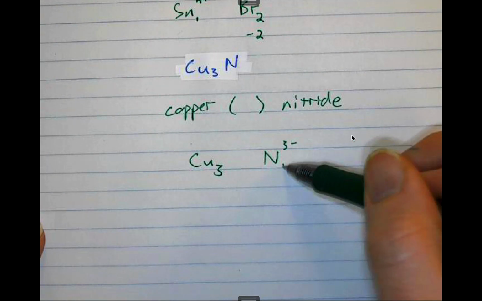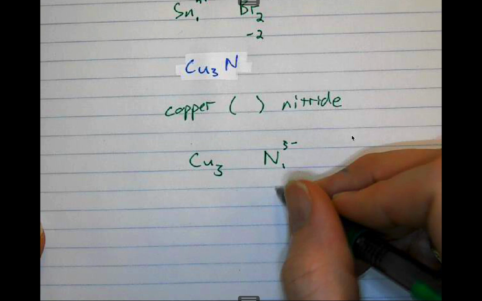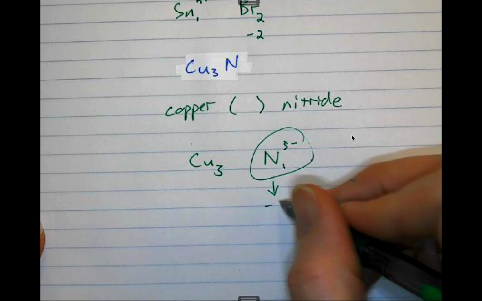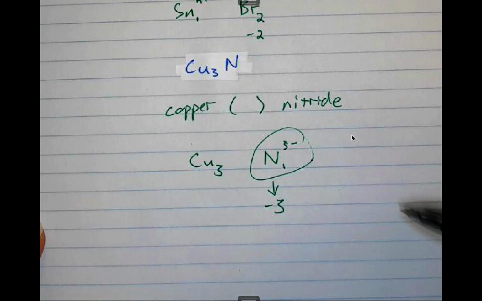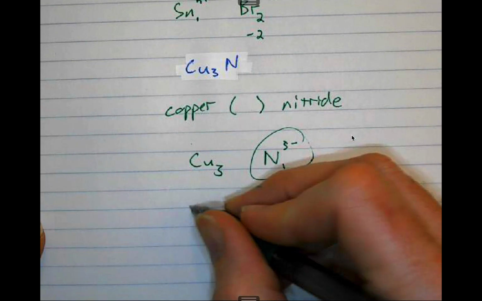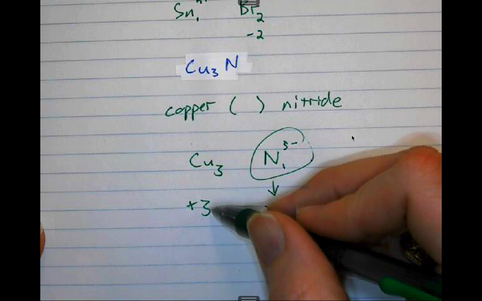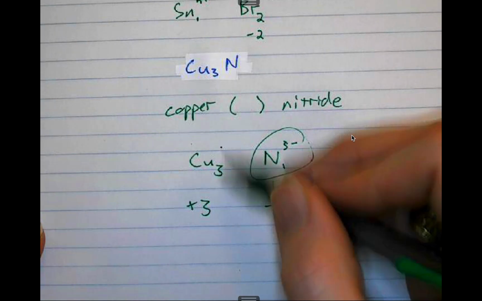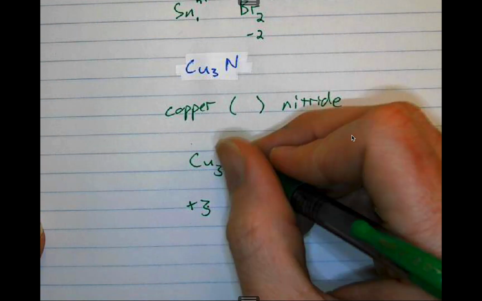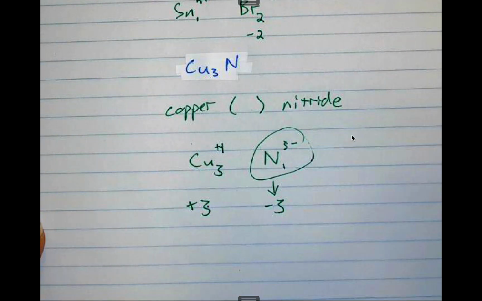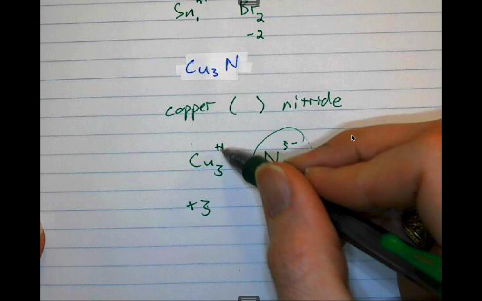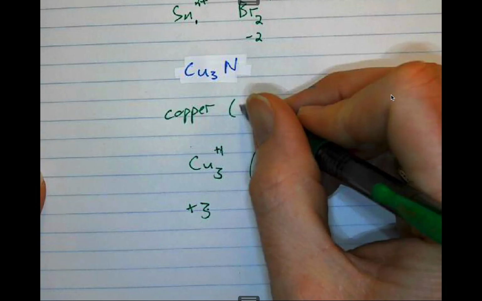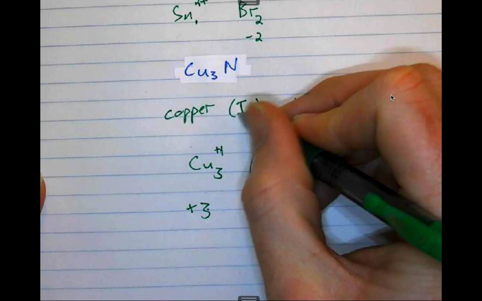So we had 3 minus charges, so that makes it an overall charge of minus 3. That means that this guy has to be a positive 3 over here. So 3 times what number is positive 3? You're right, it's a positive 1, right? So the charge of copper is +1. So that's copper 1 nitride.